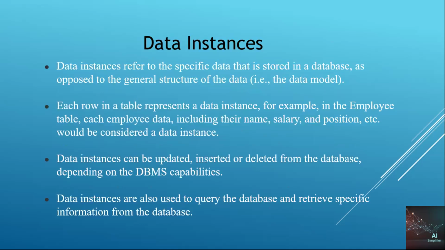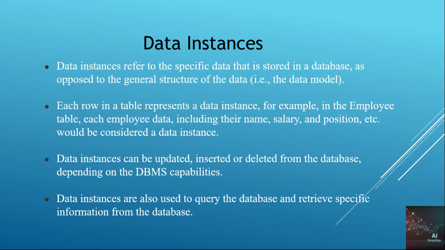Now, the next topic is data instances. What are data instances? Data instances are basically the data that you are going to store. For example, as I said, in a table, the particular row of a particular student is your data instance.